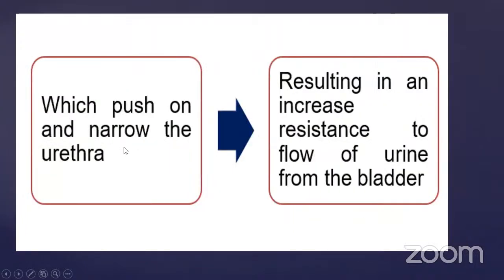This increased tissue occupies more space, pushes and narrows the urethra, resulting in increased resistance to flow of urine from the bladder.